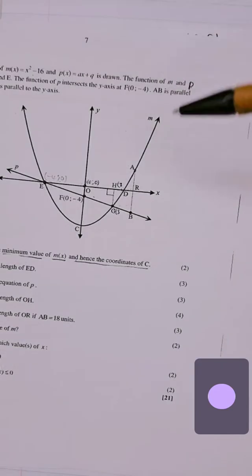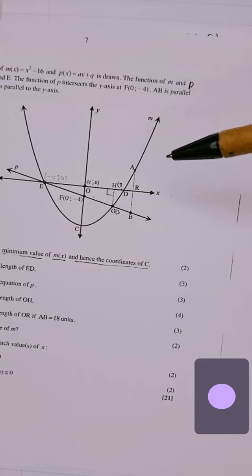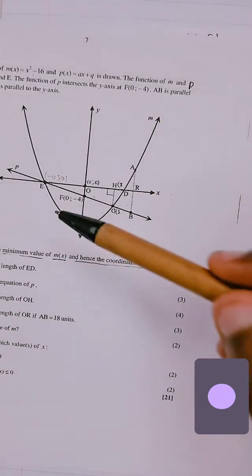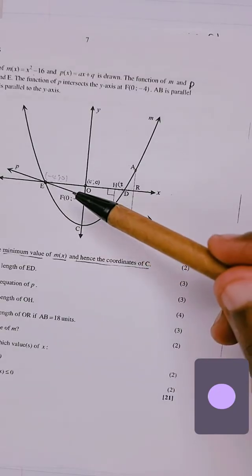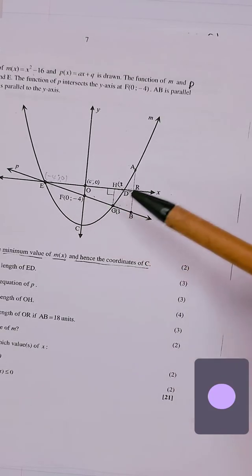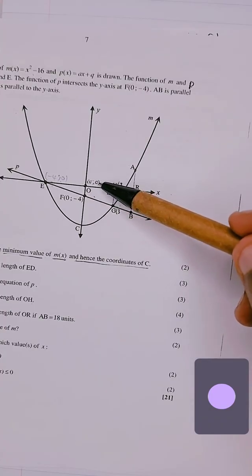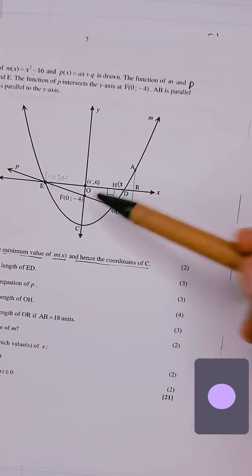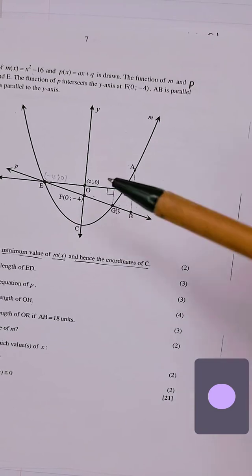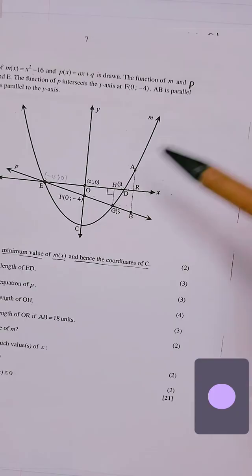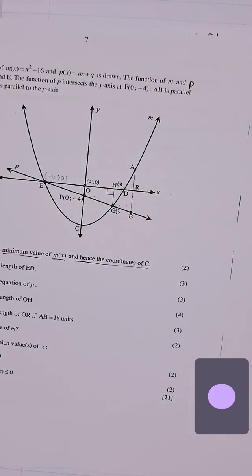So when we are finding a vertical distance, it's like if, for instance, Z, there was a question that had asked, what is the distance of OF? Can you tell me what would be the distance of OF? O is 0, 0. F is 0 and negative 4. What would you have said is the length of OF? I'm asking you.